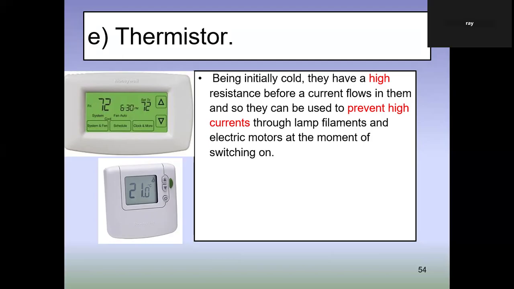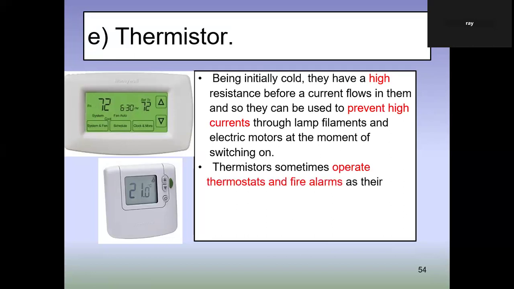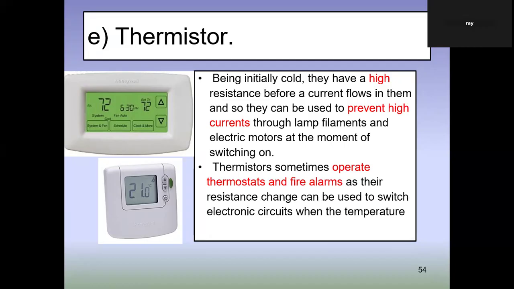Only as it heats up will the resistance decrease. Thermistors sometimes operate thermostats and fire alarms, as their resistance change can be used to switch on an electric circuit when the temperature changes.